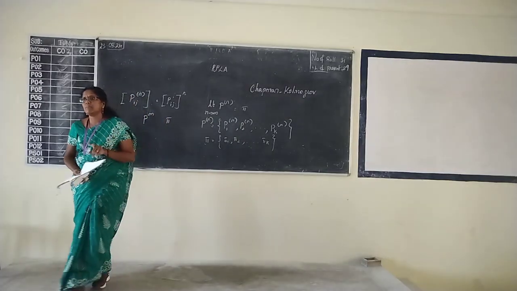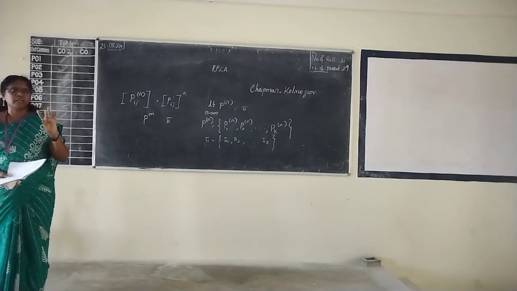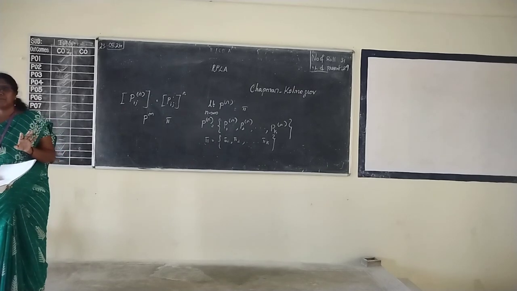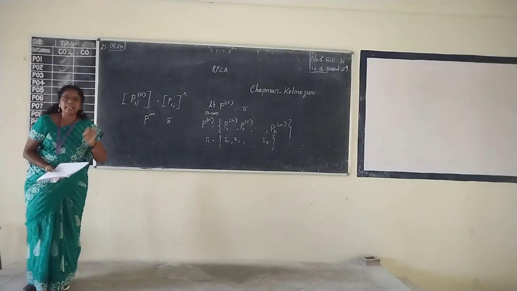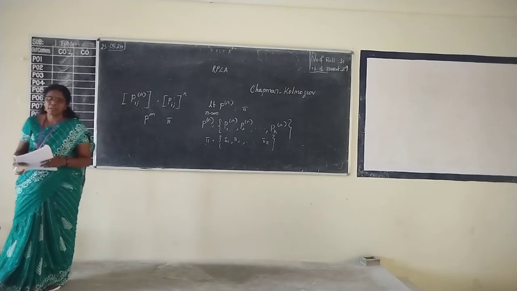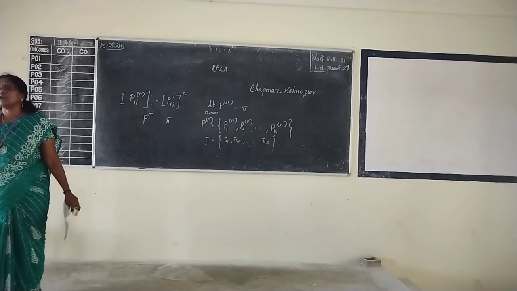If it is a 3 by 3 matrix, pi 1, pi 2, pi 3, one probability value for each of the states. And the other condition, already discussed in probability: what is the important condition? Total probability value should be equal to 1.